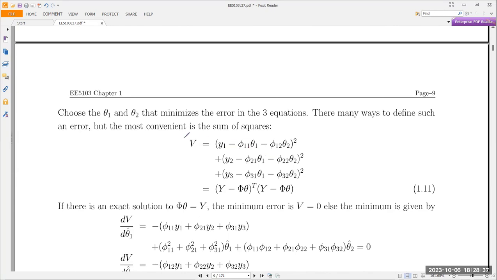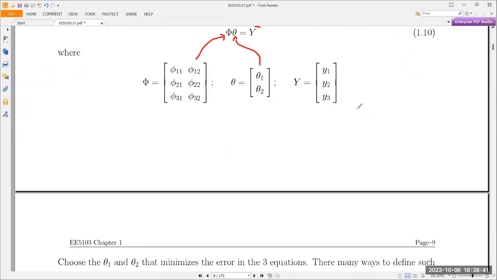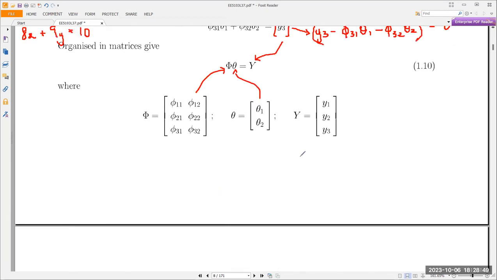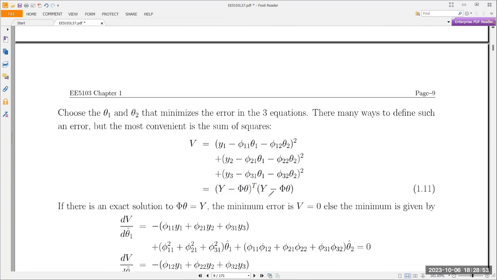Then V, the sum of these 3 squares, can be written in vector and matrix form in this way. If you use the definitions of y, theta, and phi, substitute inside here and write it out, you will get back this.